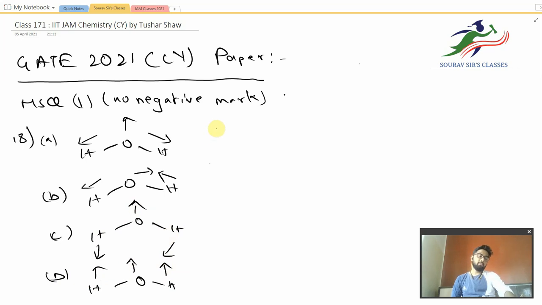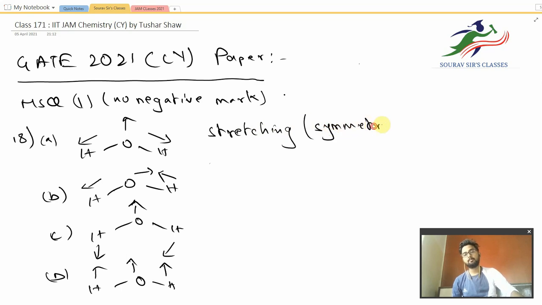The first option is obviously a normal mode of vibration, that is symmetrical stretching. The next option is asymmetrical stretching.